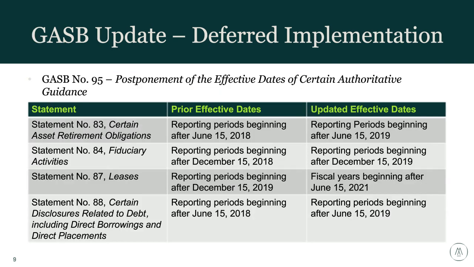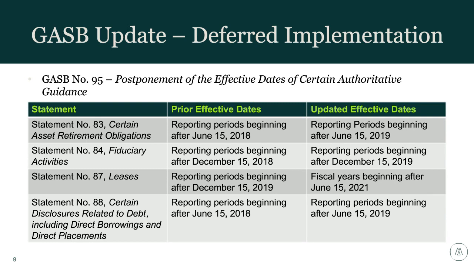On the GASB side, they've done something very similar. GASB did issue GASB 95, which is postponing the effective dates of certain guidance, and that is effective immediately. GASB did shorten their comment period so they could issue this as soon as possible.